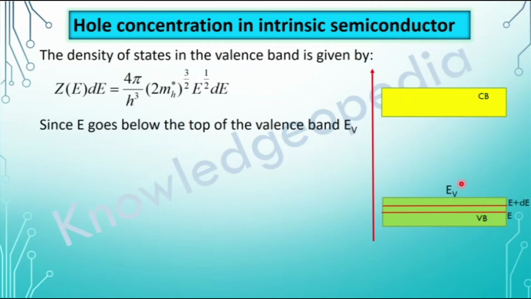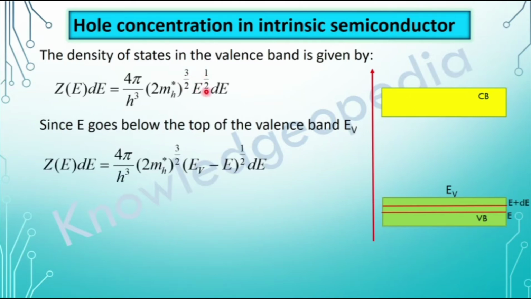As we discussed in the last class, there we had taken the bottom of the conduction band, that is EC, as the reference. Here we are considering the top of the valence band EV as the reference, and we are considering all the energy states below EV. Because of this, we can make a small modification here.